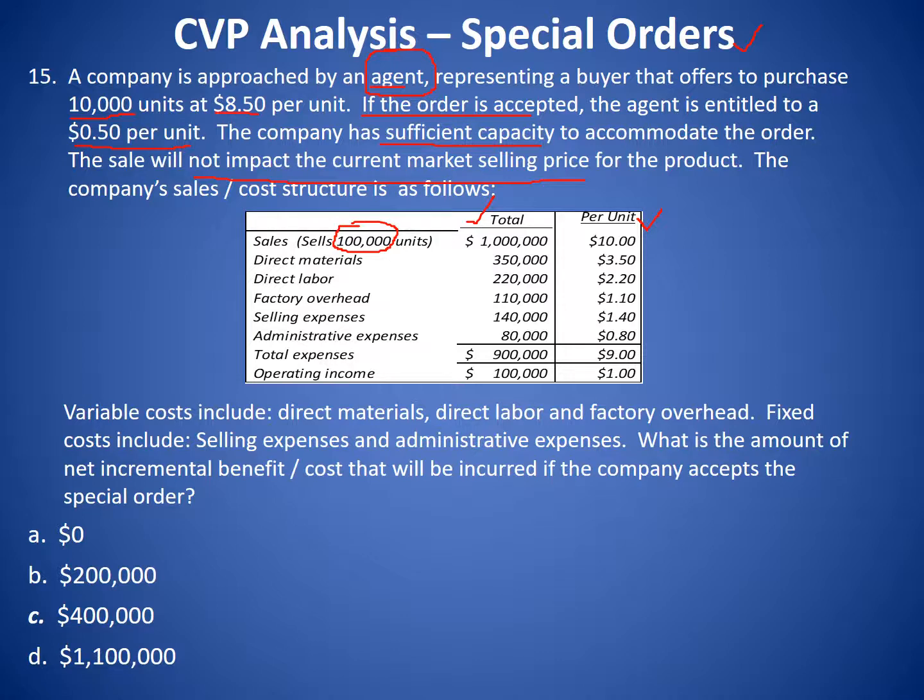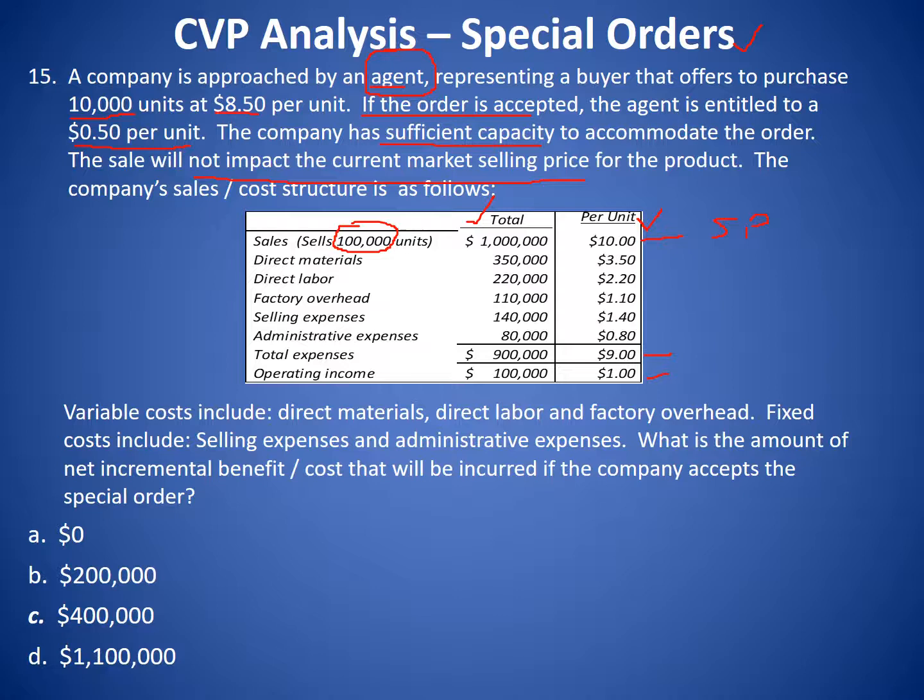And you can see that our selling price is $10 a unit. We know that for a fact. We know our cost per unit of producing it, and we know our total expenses are $9 a unit, leaving us an operating income of $1 a unit. So our $10 selling price results in operating income of $1 a unit.